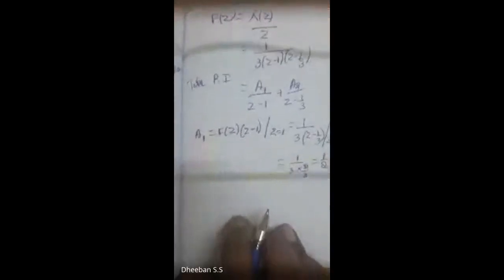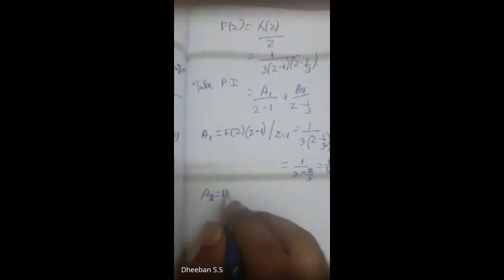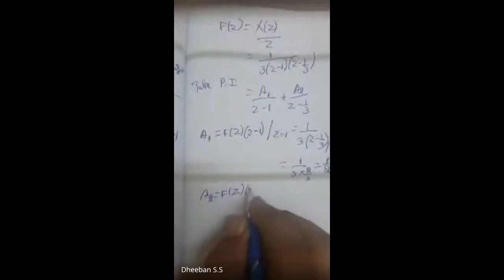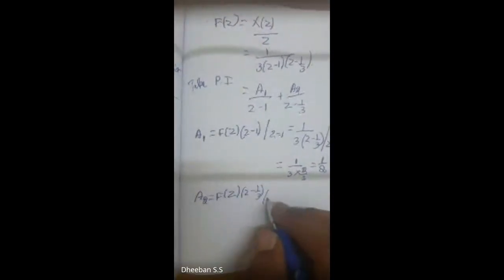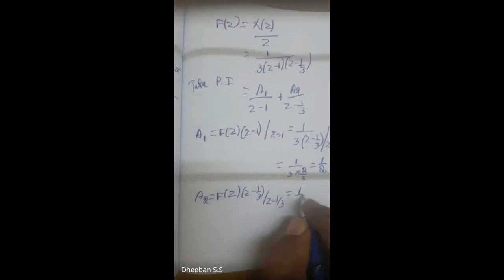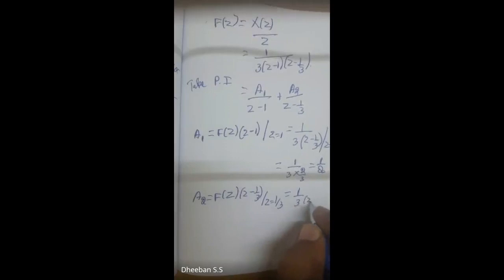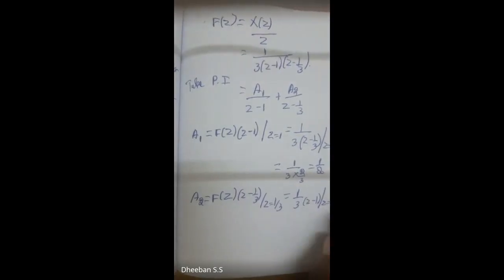Similarly, A2 is F of z times (z minus 1 by 3) at z equal to 1 by 3, which is 1 by 3 (z minus 1) at z equal to 1 by 3.